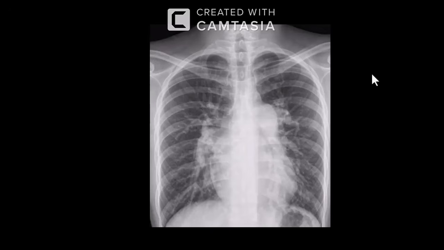He's a 30-year-old male who presented to the emergency department with a history of breathing difficulty. I'm presented with a frontal chest radiograph. I can see prominent bilateral hilar shadows.